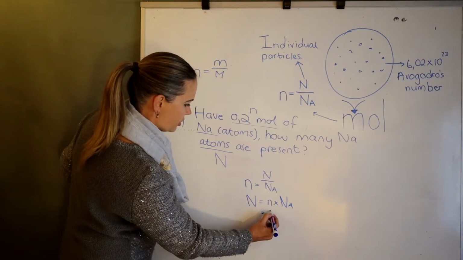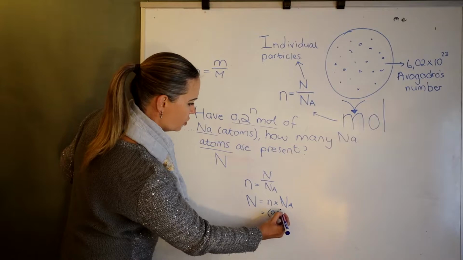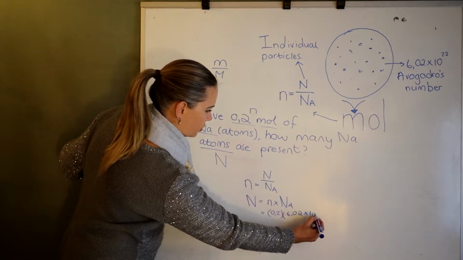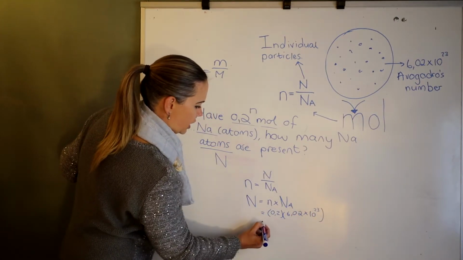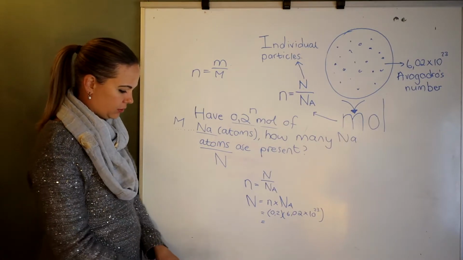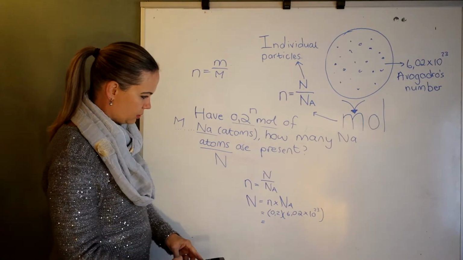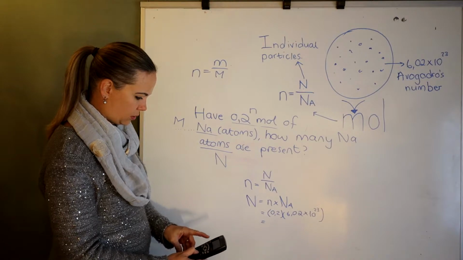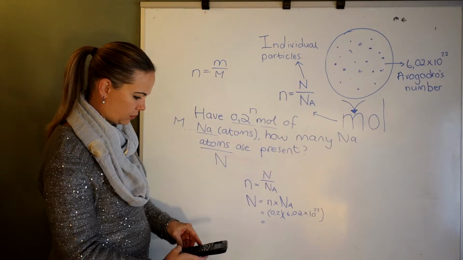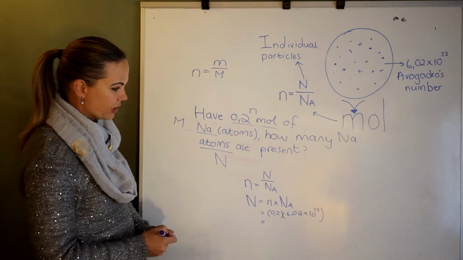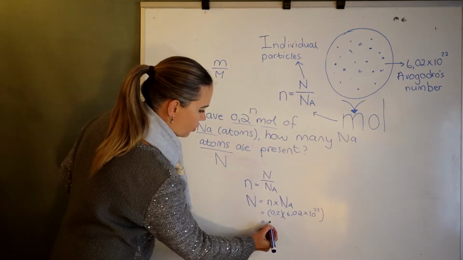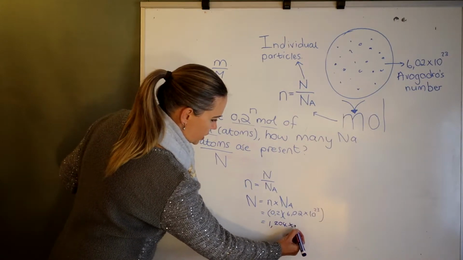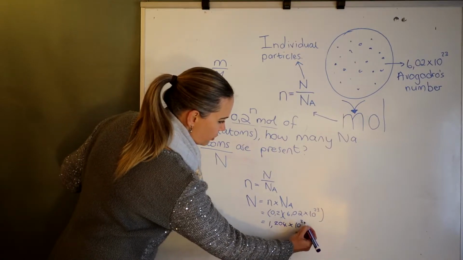So we've got 0,2 moles, not exactly 1 mole. Okay, calculate that. Right, so the number of particles present is 1,204 times 10 to the power 23.